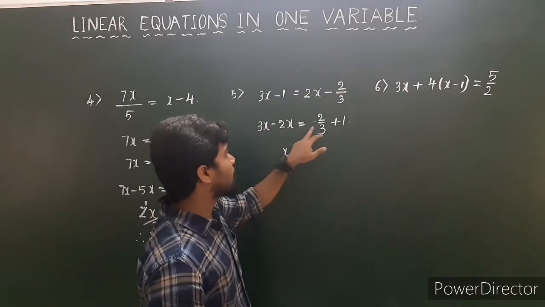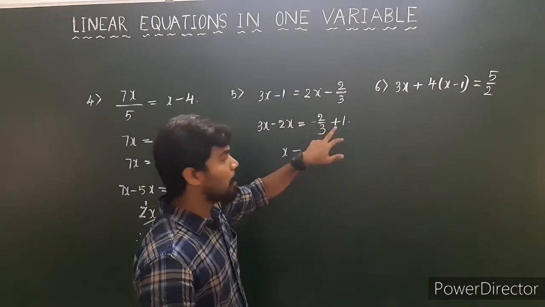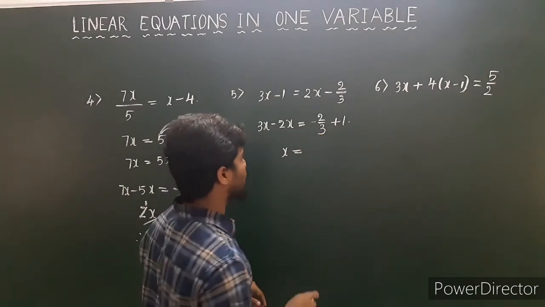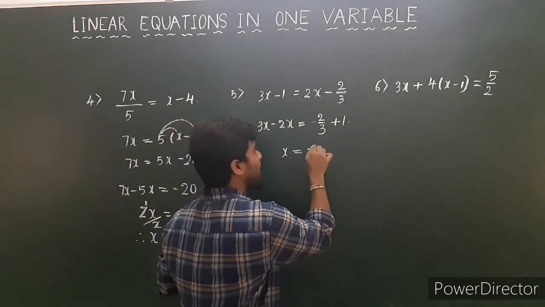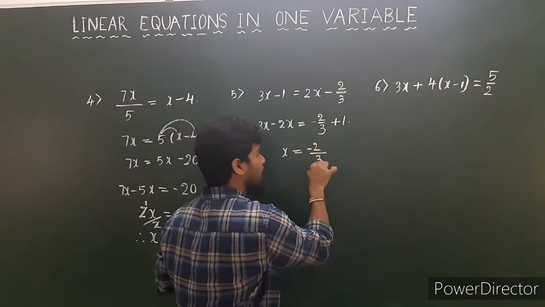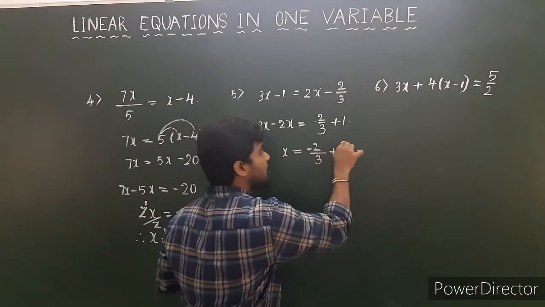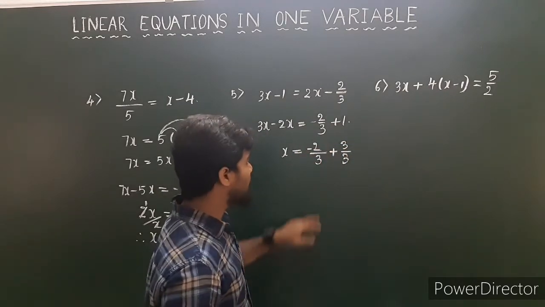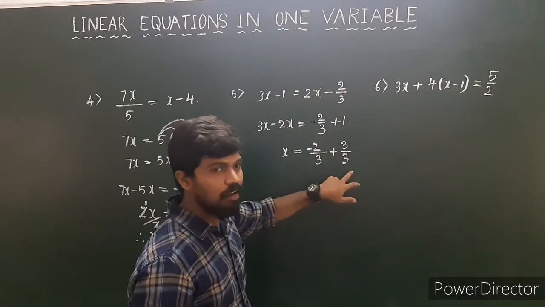So now you simplify minus 2 by 3 plus 1. 1 can be written as 3 by 3. Now you have a common denominator 3.